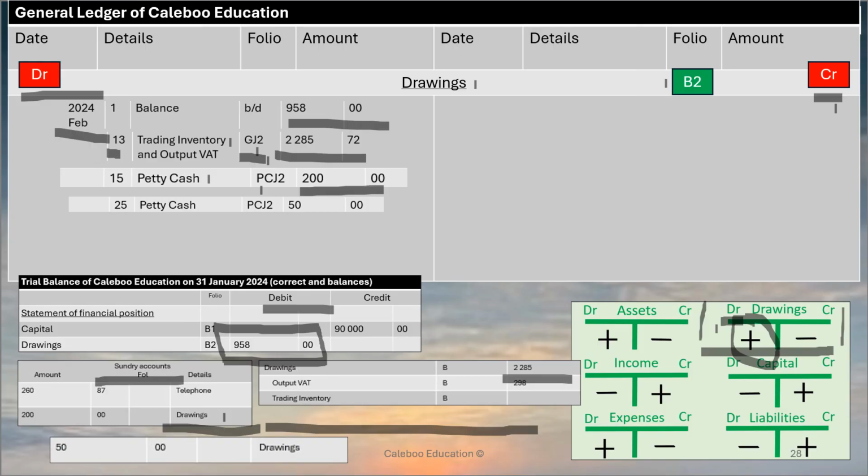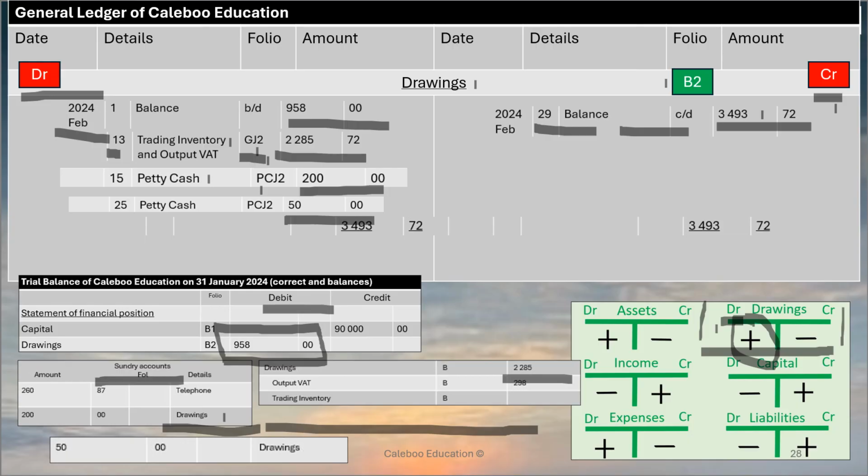Oh, I see there's another drawings amount from the petty cash, 50 Rand. Maybe the owner bought some stationery for 50 Rand. So we add up the debit side and we subtract the credit side. And to make the two sides equal on the last day of the month, we have the balance carried down of 3493 and 72 cents.